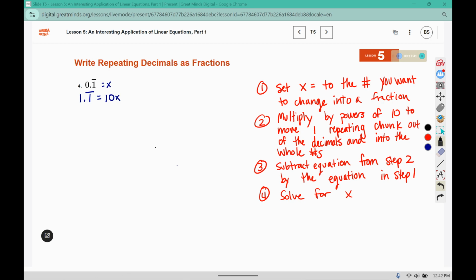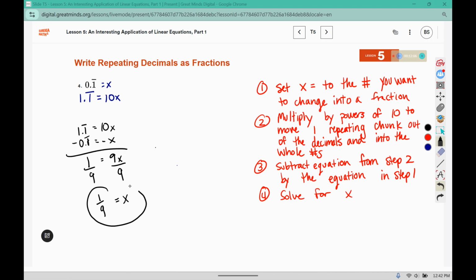Now we will subtract. 10x minus x is 9x. 1.1 repeating minus 0.1 repeating is 1. Divide both sides by 9, and we get x equals 1/9. Again, we don't want to change it back to a decimal. We're writing them as fractions.